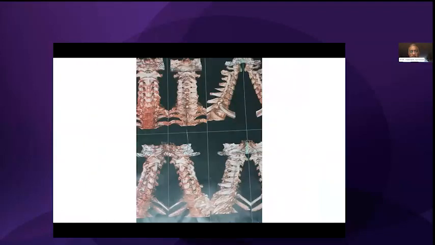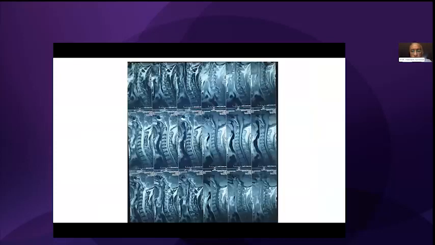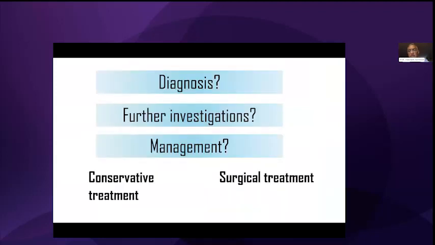The 3D was not that helpful because of the cuts and the techniques, so we did not find any help from this 3D. And on MRI, we found some edema at the odontoid base. So this patient was diagnosed as odontoid base fracture type 2, and he had already done X-ray, CT, and MRI.